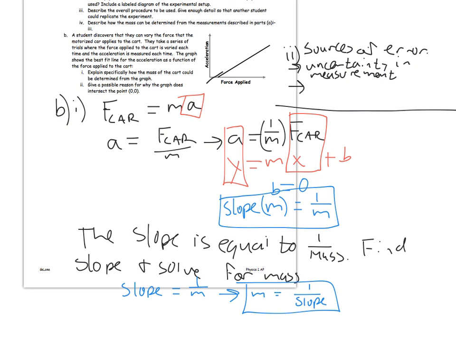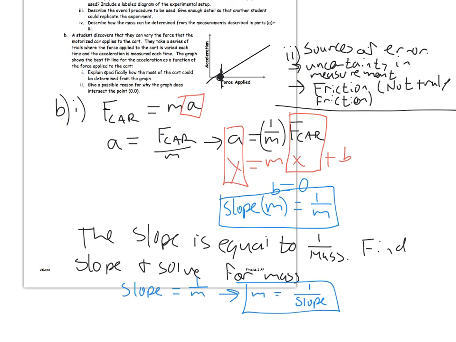The other thing that we could say is it could be that there was some friction. It said from the start that it was frictionless, but in reality it's probably not truly frictionless, and a small amount of friction could account for this. And that probably makes the most sense, because if we think about this point here, where it intersects the x-axis, this is saying that even if we apply a certain amount of force, there's zero acceleration.